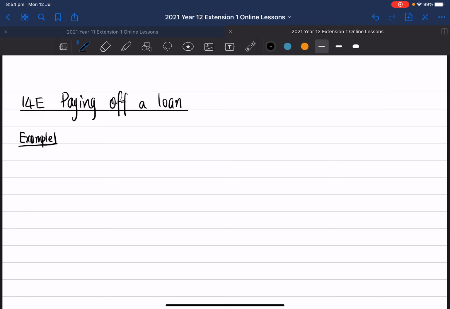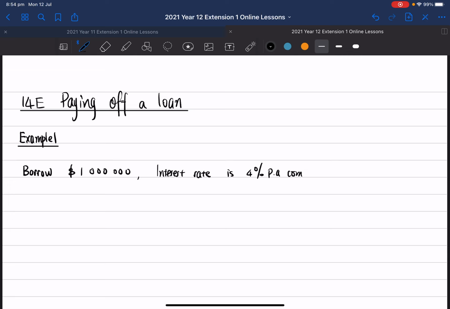All right. So for example one, let's just say I want to borrow 1 million to buy a property, and the current interest rate is, let's just say, 4% per annum.